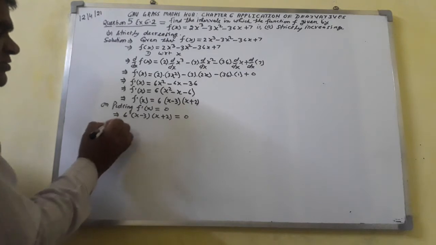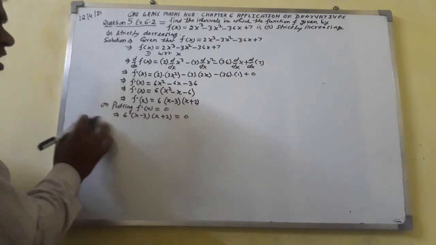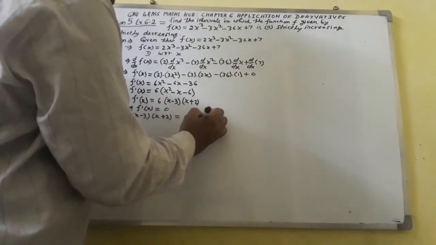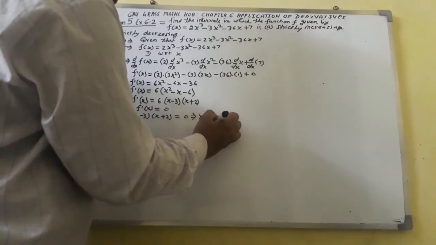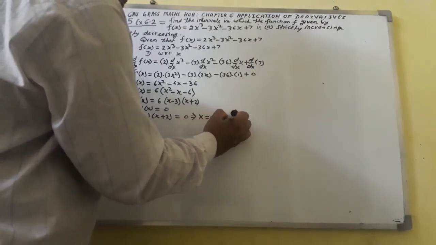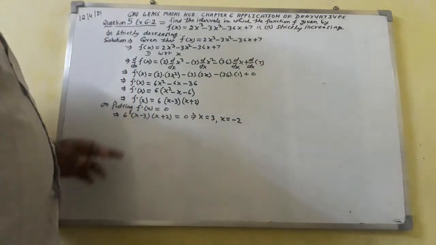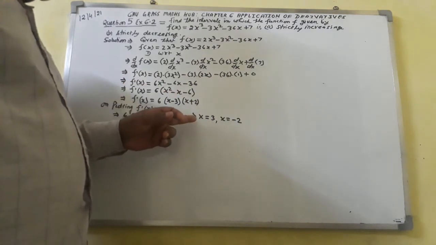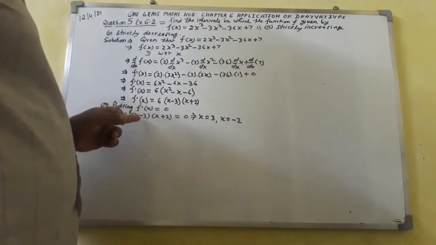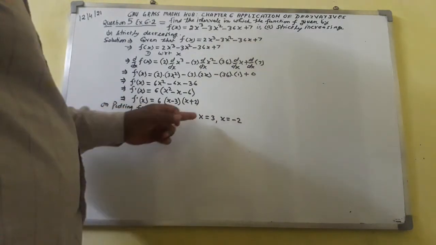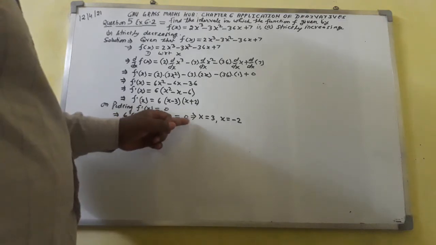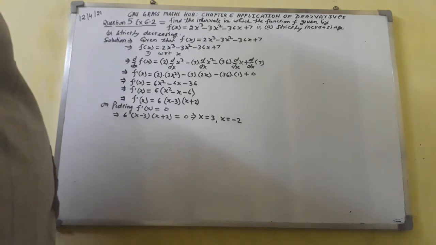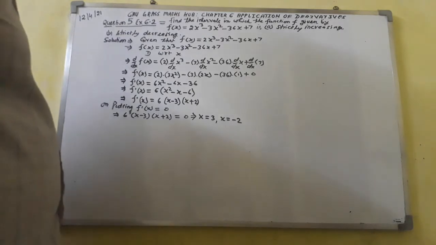So the values of x are x equal to 3 and x equal to minus 2. Since this is a quadratic equation, the roots will be 2: x minus 3 equal to 0 gives x equal to 3, and x plus 2 equal to 0 gives x equal to minus 2. Now I shall draw the real line here.